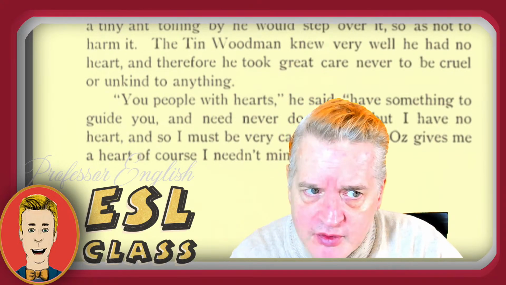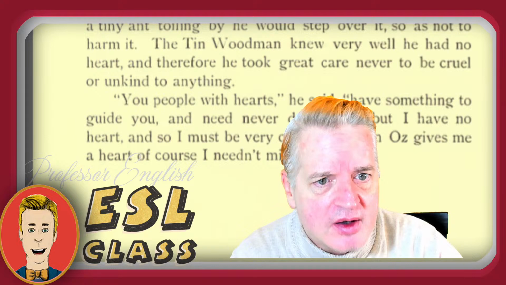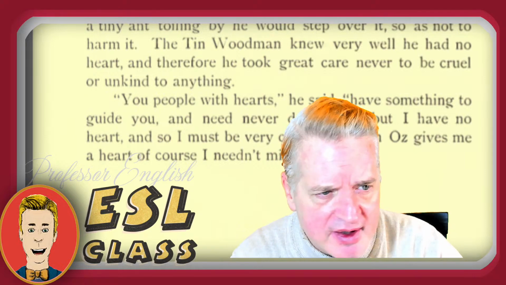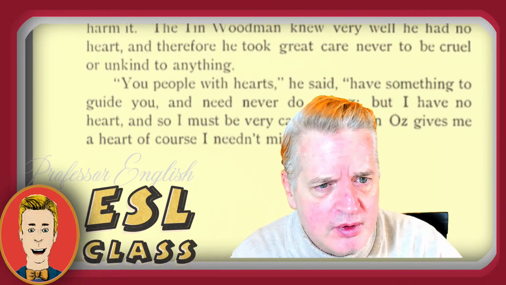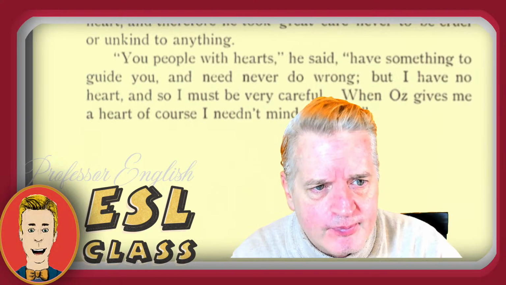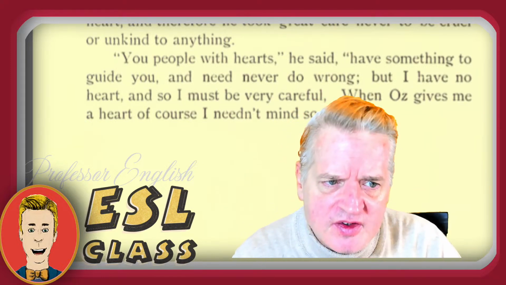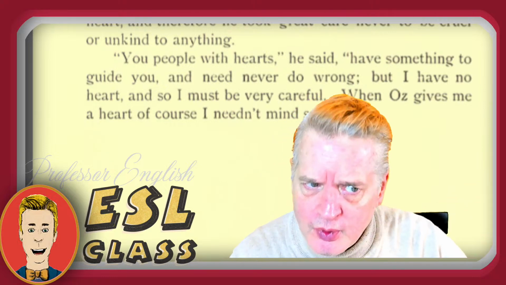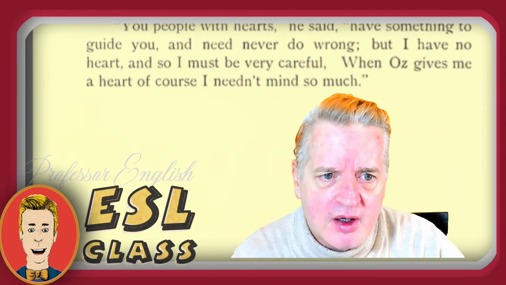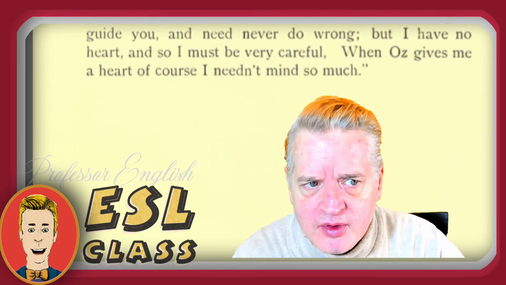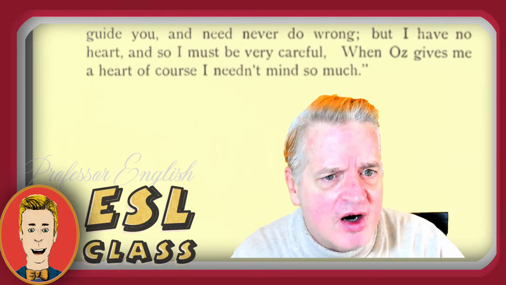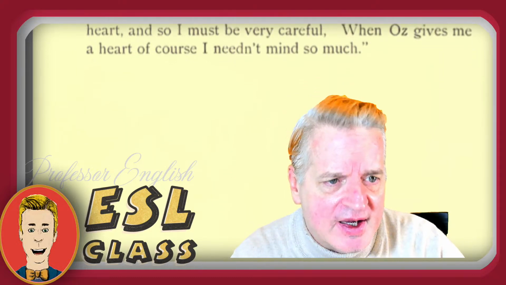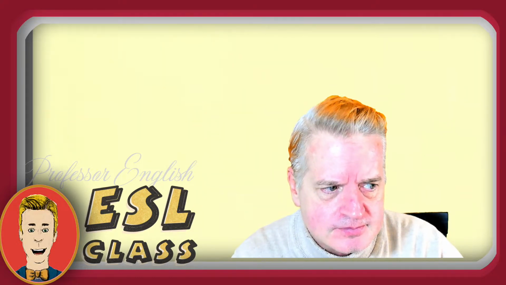The Tin Woodman knew very well he had no heart, and therefore he took great care never to be cruel or unkind to anything. "You people with hearts," he said, "have something to guide you, and need never do wrong. But I have no heart, so I must be very careful. When Oz gives me a heart, of course, I needn't mind so much."